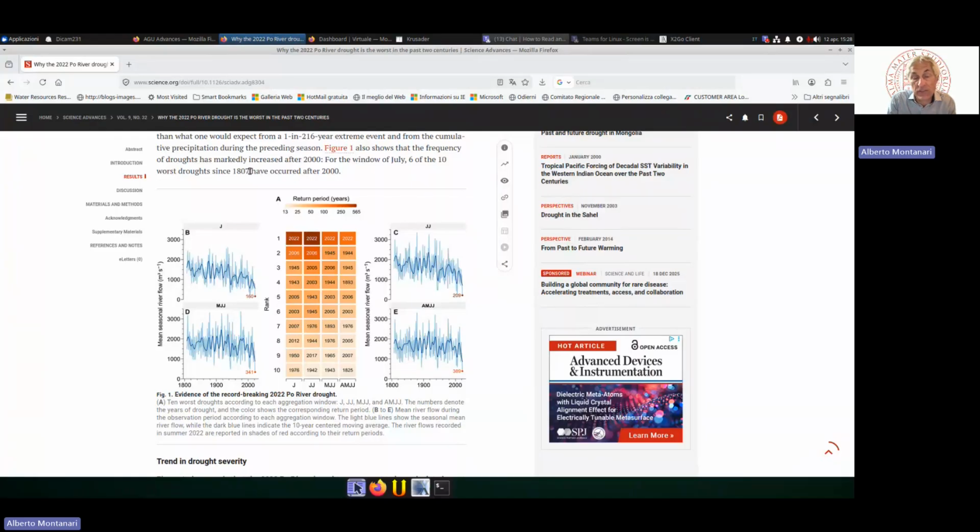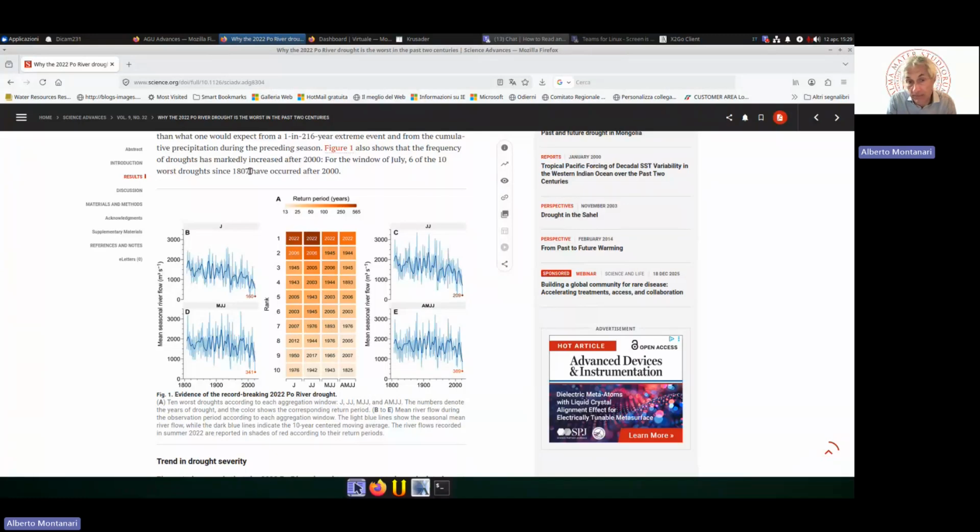And with the dark blue, you see a smoothed version of the light blue line, which means that we try to smooth the peaks in order to make the progress of the flows during time more regular. So July, indeed, is characterized by decreasing flows.